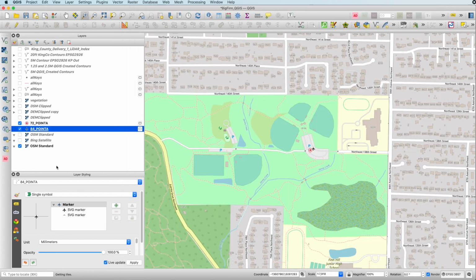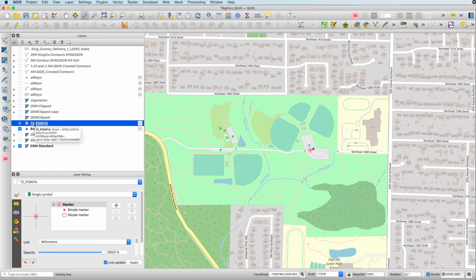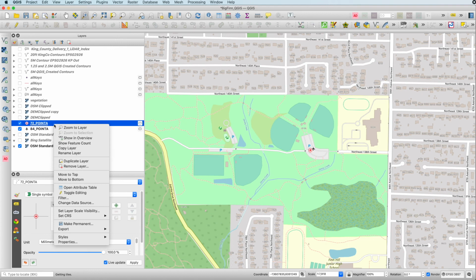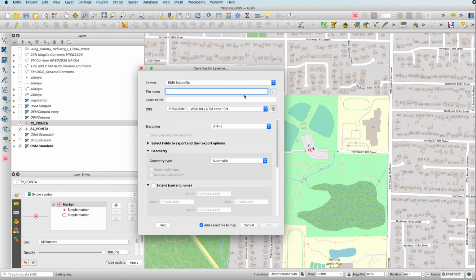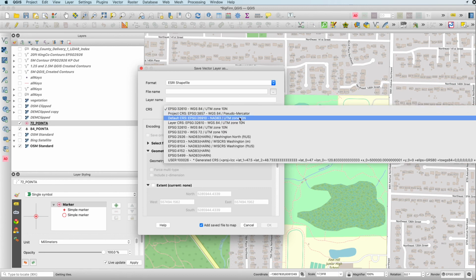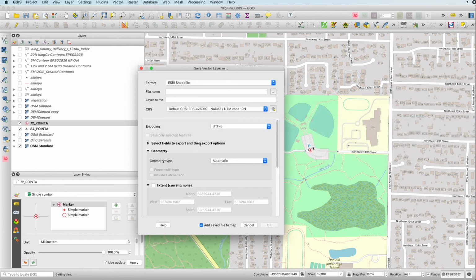I'll explain to you how to use QGIS later on to save the data in whatever format you want. In this case, I showed you I have a point stored in WGS 72 data, but I really want to store it in a different format in my project folder. There's a simple way to do that. In QGIS, you can just right-click on the data you have, and you can export those features into a file location, which you could specify here, and then you could change the datum to whatever you want, and it will reproject it and place it in the correct geographical position.